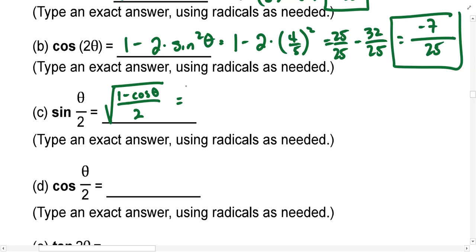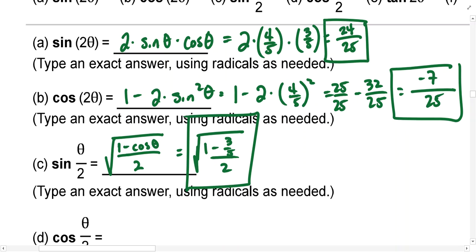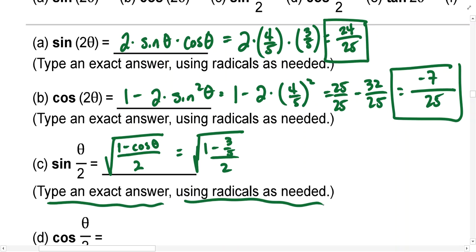And here again, we've already established what cosine was by considering the right triangle associated with that angle. So we've got 1 minus 3/5 divided by 2. And I wonder, I haven't tried this, but I wonder if Math Excel would accept this answer. It's technically correct. It hasn't been simplified, but the instruction doesn't say to simplify.